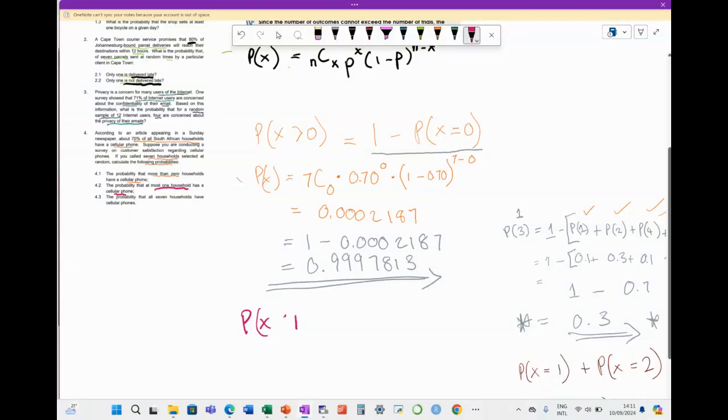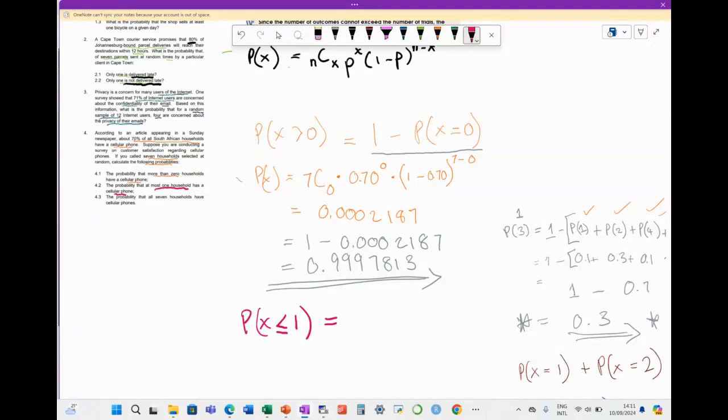I don't know why I'm putting more than. Less than or equal to 1, isn't it? So here, what are we then saying? What are the potential answers?